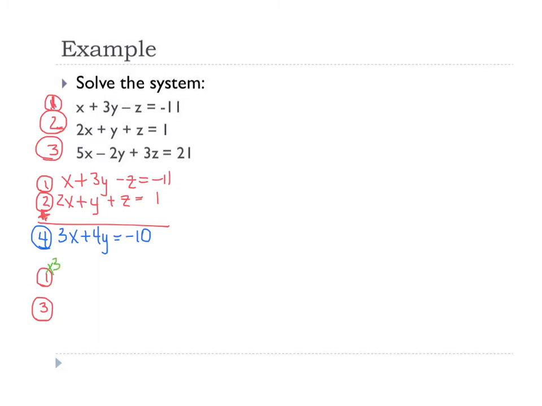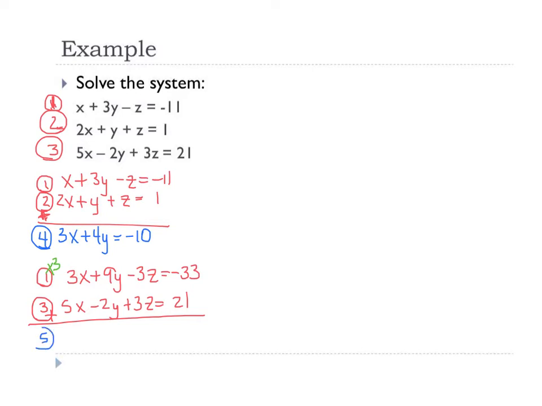That looks like 3x plus 9y minus 3z equals -33, and then 5x minus 2y plus 3z equals 21. We're going to add these together, and this is going to be equation 5. It's going to be 8x plus 7y equals -12.